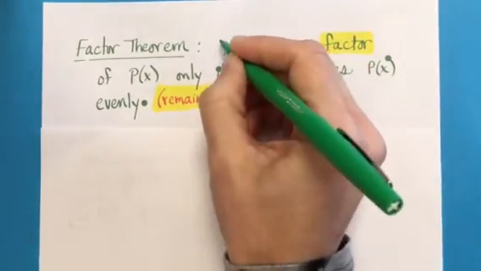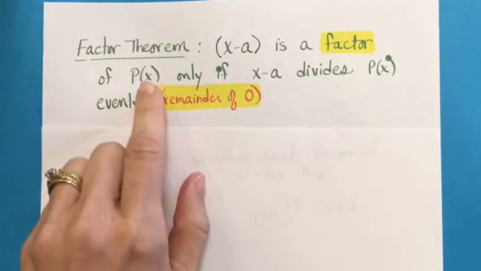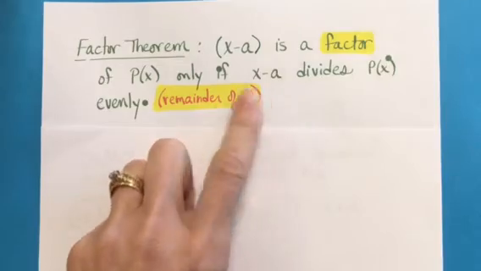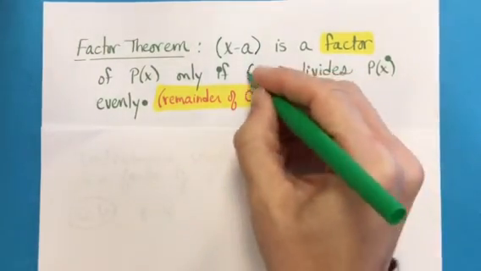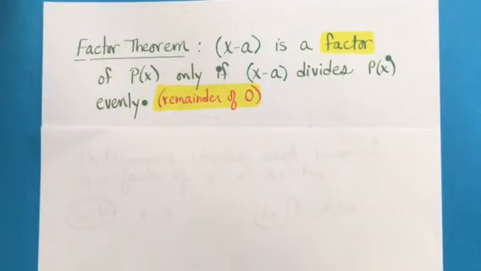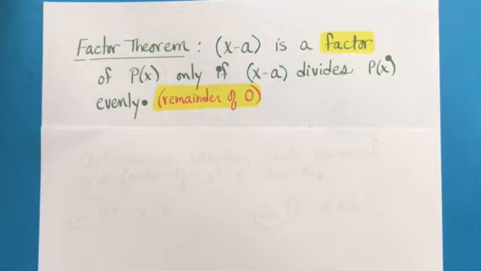When you factor things, typically you've got all these sets of parentheses. So you have x minus a is a factor of some polynomial only if the x minus a divides the polynomial evenly. Now, when something divides something else evenly, remember that just means that you have a remainder of 0, okay?